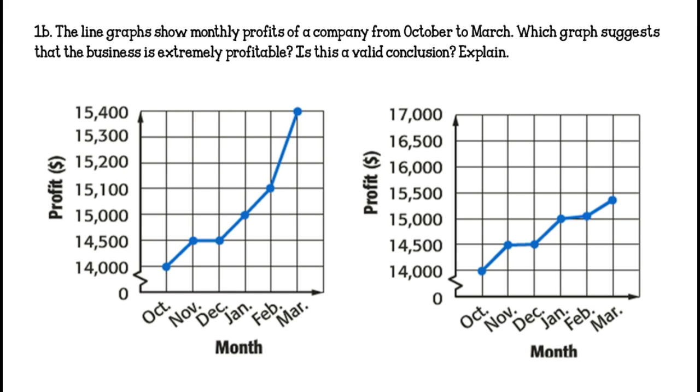But then I'm going to look at my number lines on my y-axis here. So I have 14,000, 14,500, 15,000. So far it's going up by 500. Then it goes to 15,100. That's a 100 jump there when the others had been 500. 15,200, 15,300, 15,400.